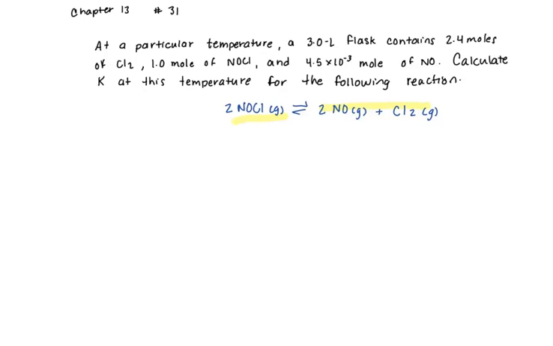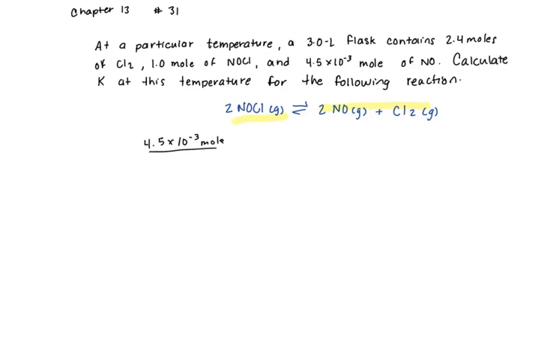So the way we want to set up this problem is we want to take what we have. Let's do our products. We have NO, so let's take the information that we have for NO. We have 4.5 times 10 to the negative 3 moles.